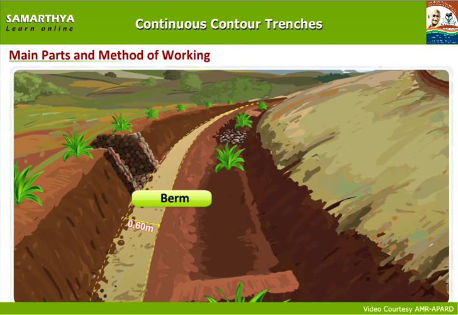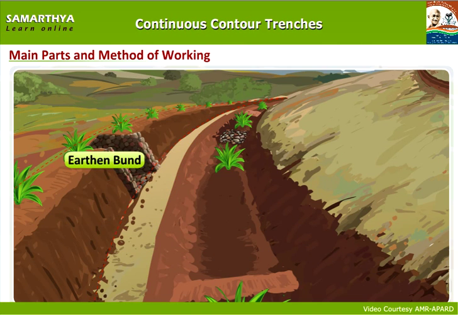Berm with 0.6 meters length. Earthen bund of 1.7 meters bottom width, 0.3 meters top width, 0.5 meters height.